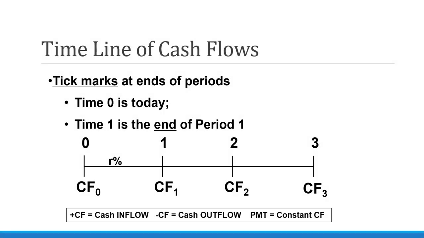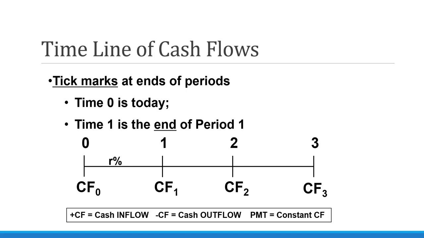When we're talking about the cash flows, we need to think about the timing of cash flows. In most instances, we start with time zero, which is today. That is generally the first cash flow, and then we earn a rate over different times. So time 1 is the end of period 1, 2 the end of period 2, and 3 the end of period 3.